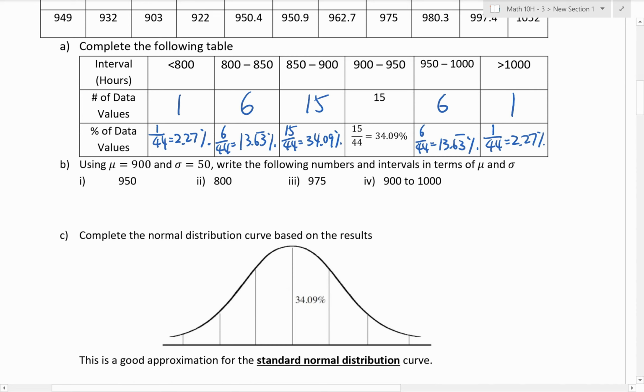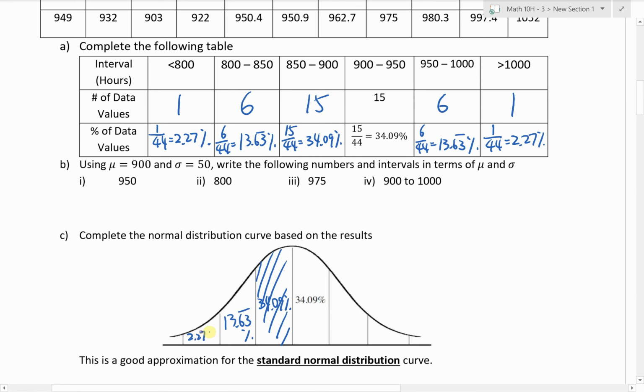While we're looking at it, might as well finish filling out this distribution curve. You can see this will represent 34.09% of the data. That's talking about this region right here. This is 34.09%. So that is, the light bulbs will last between 850 hours and 900 hours. So that part of the curve represents the probability. This would be 13.63 repeating percent.